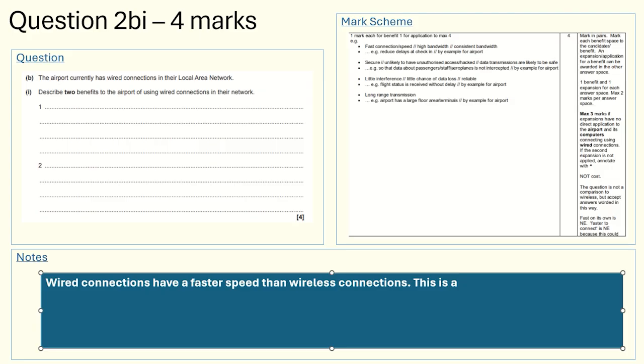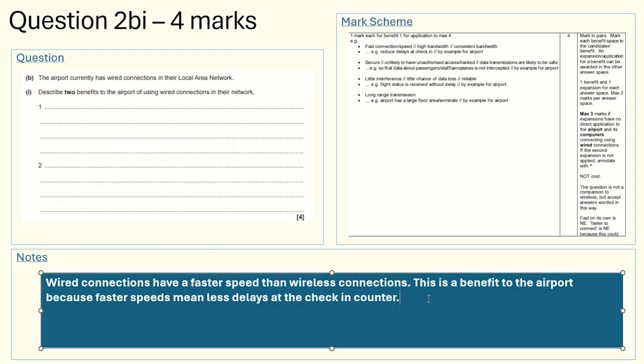This is a benefit to the airport, and then we could say why that's a benefit for the airport. Because faster speeds mean less delays at the check-in counter. Okay, so that would be perfect. 2 marks, 1 mark for saying what the benefit is, and then 1 mark for saying how it's a benefit to the airport.